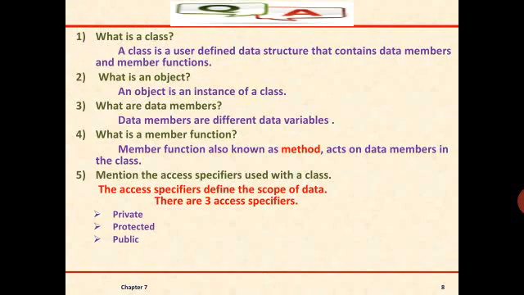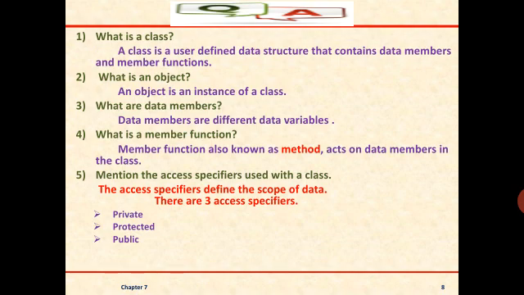Third question is, what are data members? Data members are different data variables. Earlier in C++ we used to call them variables; same thing, data members are the variables. Then the fourth question is, what is a member function? A member function, also known as a method, performs operations on the data members.